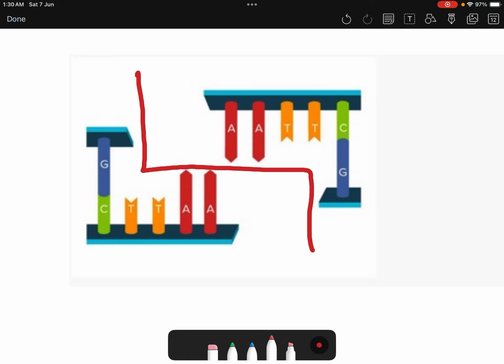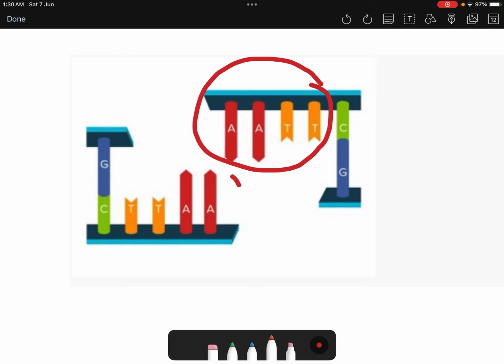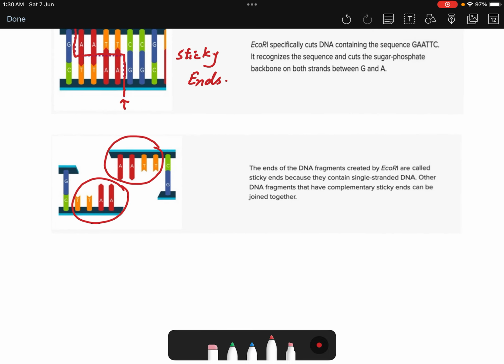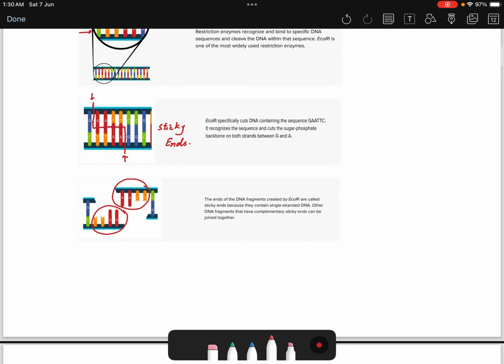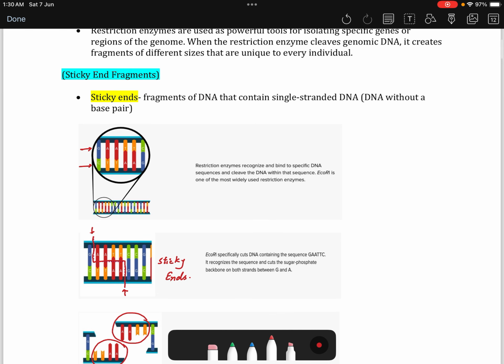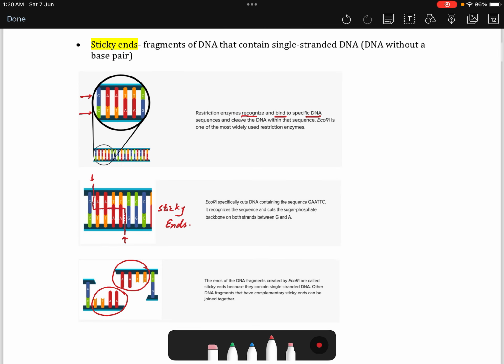You have two ends, and these are called sticky ends because they have these hanging regions in the DNA cuts that are produced. In simple language, a restriction enzyme is the enzyme that recognizes and binds to specific DNA and cuts it. It cuts in two different ways.